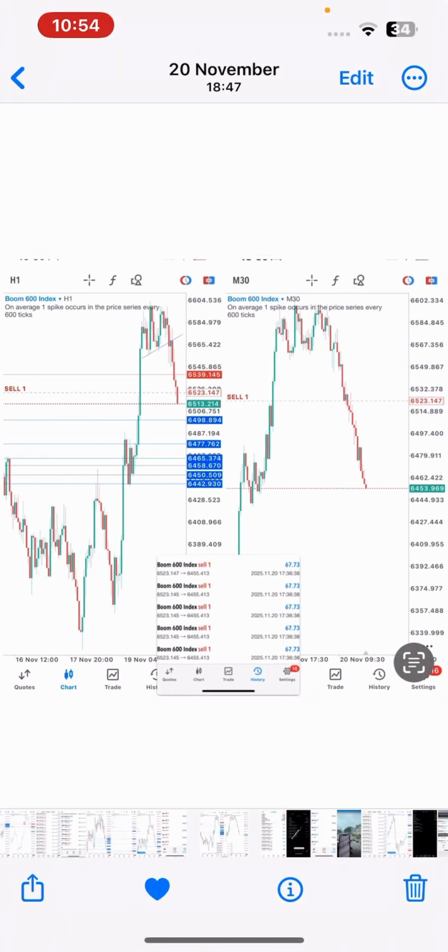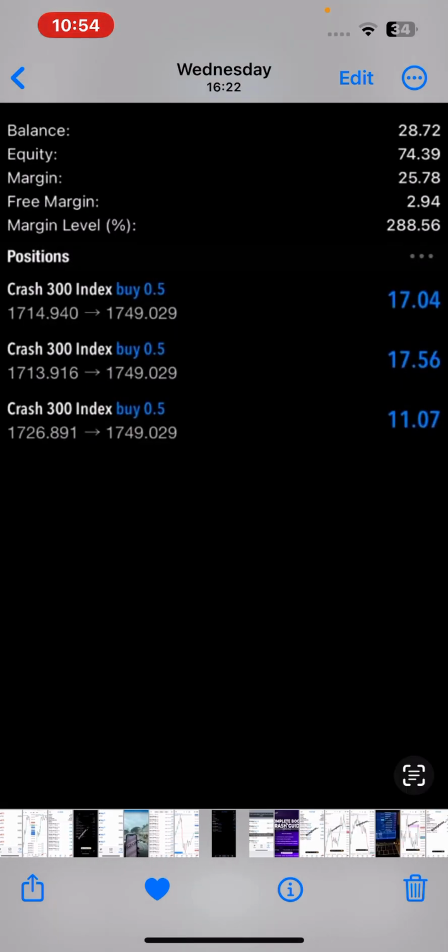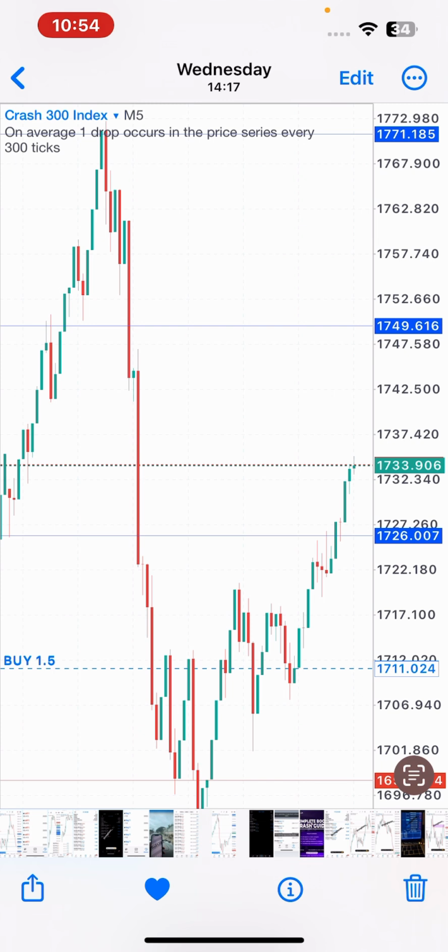Also in the guide, I'm going to introduce you to automated trading. But before automated trading, you yourself as a trader can make money with your own analysis without even trading with robots.